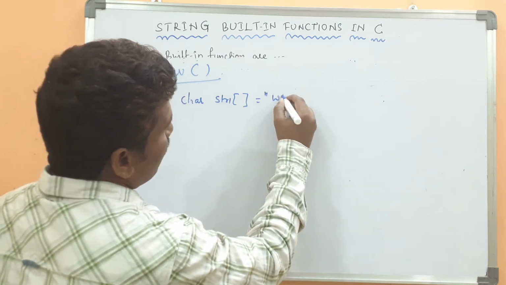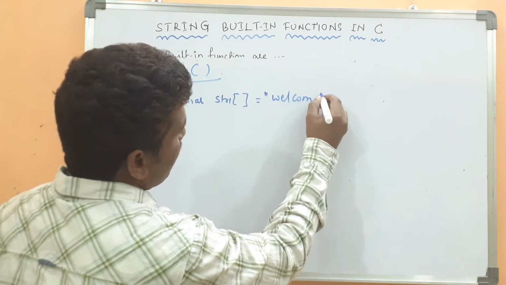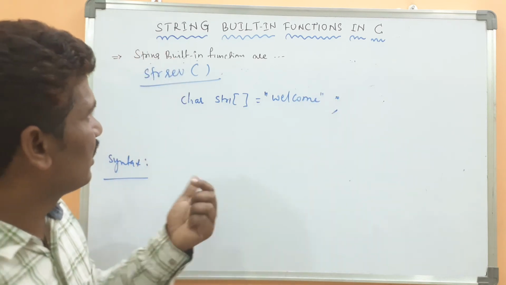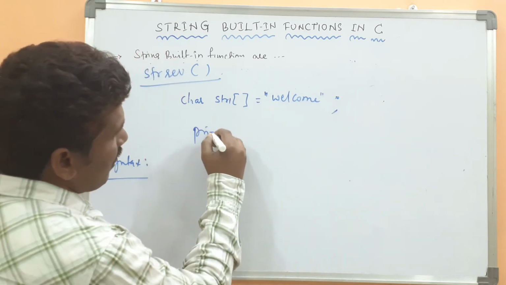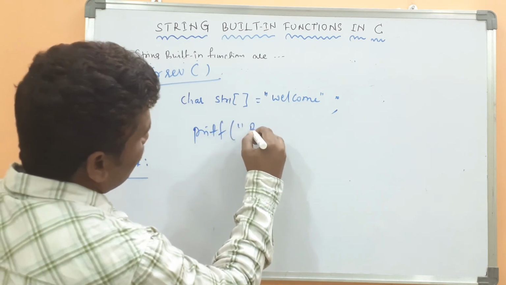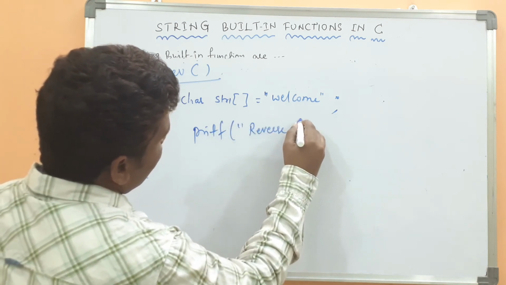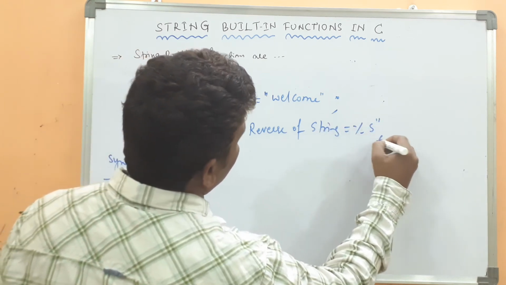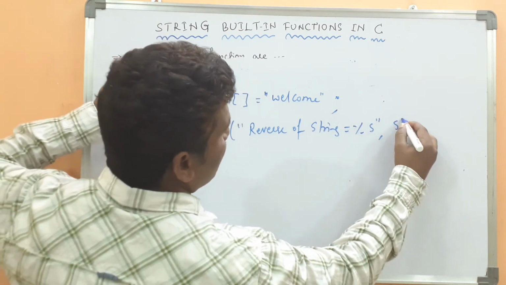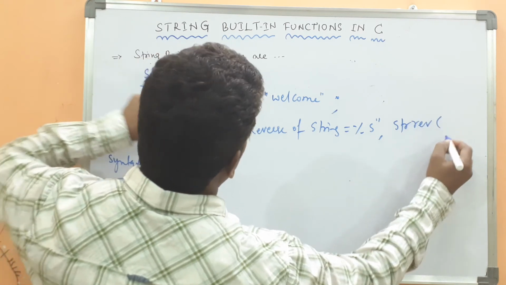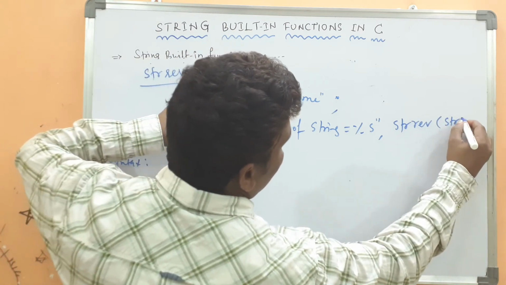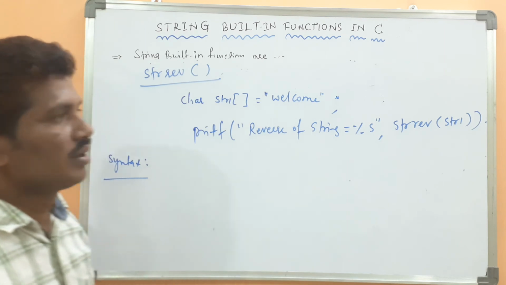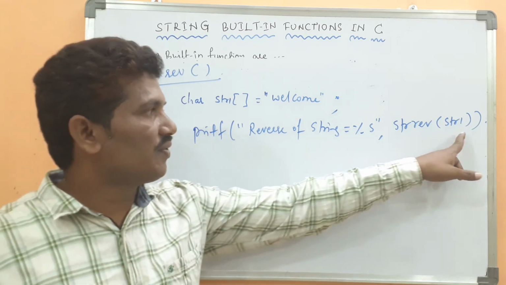Welcome. Then how do you find it? printf "Reverse of string equals %s", then strrev of str1, because it is the string reverse of str1.